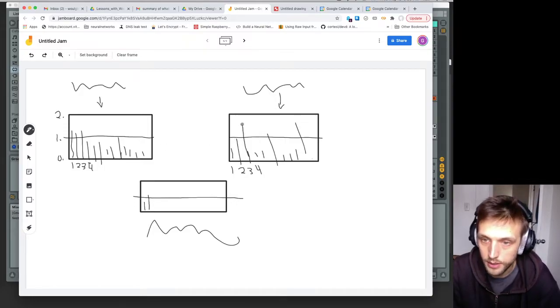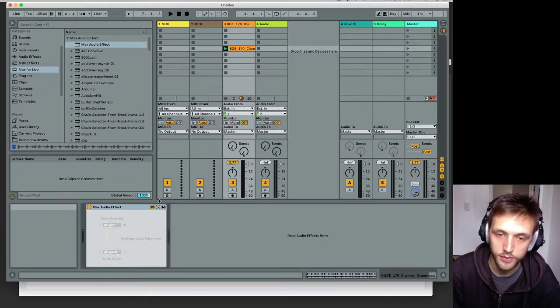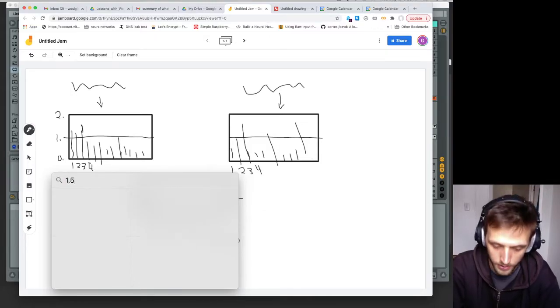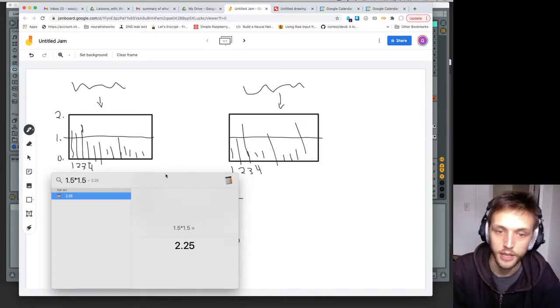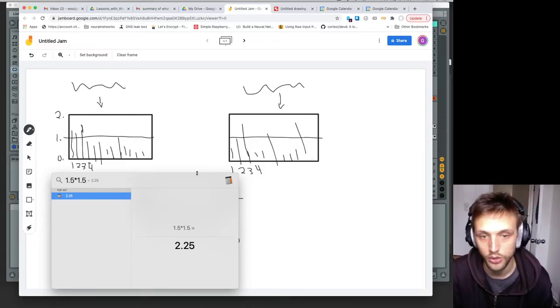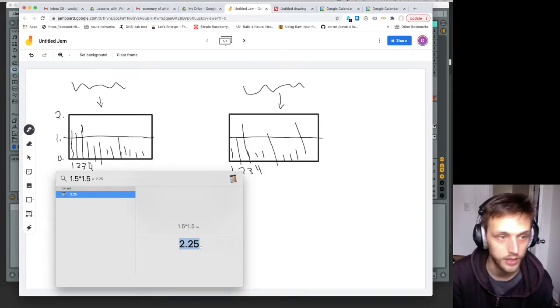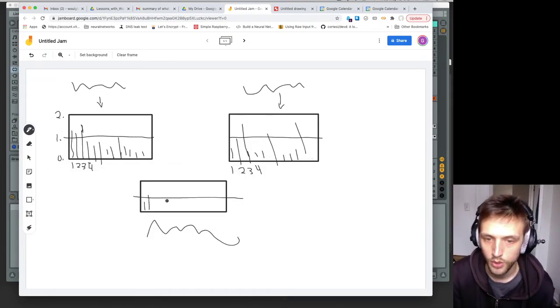And let's pretend this number is big and this one is big. So for our third one, we've got 1.5 times 1.5. If they're both above 1, then they're going to go even higher, and you can see this value spiked. We're at 2.25, which is way up here.